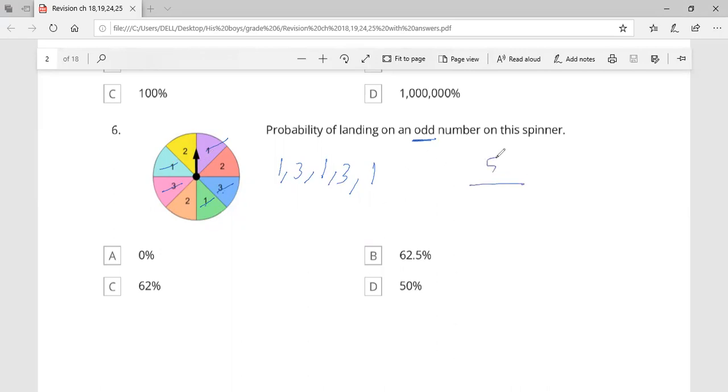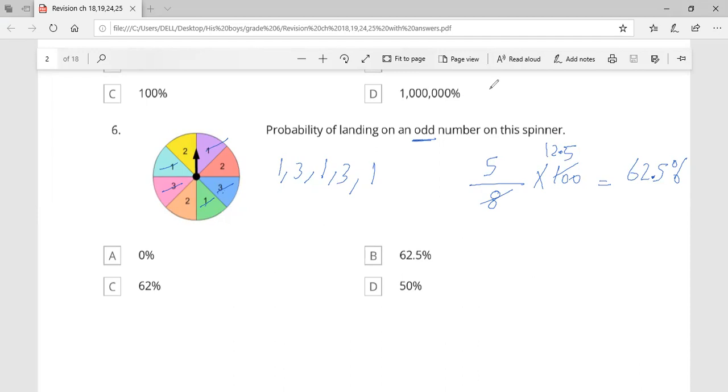Here is 5 out of 8. Ask yourself if it is in simplest form. Again, he wants to change it to a percent, so you have to multiply by 100. 100 multiplied by 5 divided by 8, we get 62.5%. As you saw, 100 divided by 8 is 12 and a half. We can do a long division. 12 and a half multiplied by 5 is 62.5%, and so on.